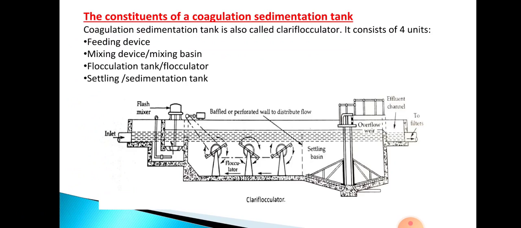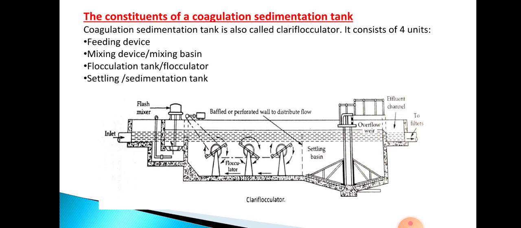Now coming to the various constituents of a coagulation sedimentation tank. As you see in the figure here, the coagulation sedimentation tank is also called a clariflocculator. A clariflocculator is nothing but a sedimentation tank where even coagulation is done. There are mainly 4 types of units present in a clariflocculator.